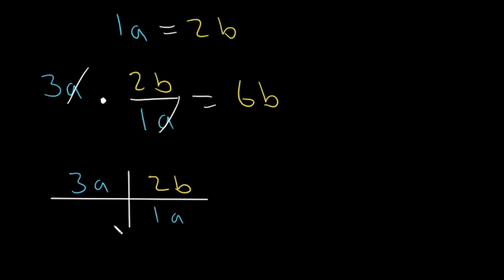I prefer this method, so this is how I'm going to be writing it in this video. And it's the exact same thing. We would just act like these are two fractions and just multiply all the top and multiply the entire bottom and then divide them. So we would cancel our A's and then be left with 6B, just like before.